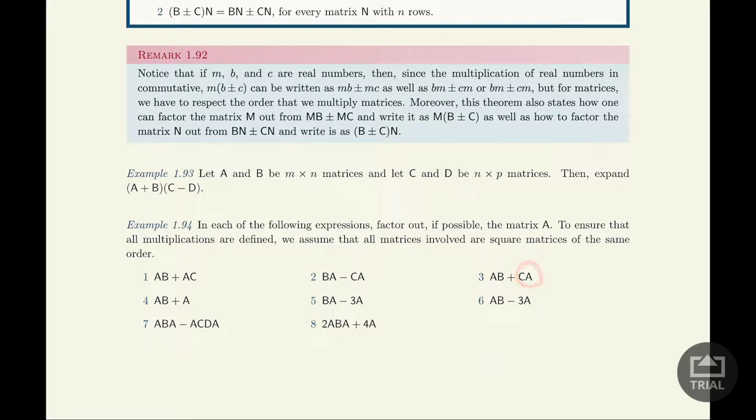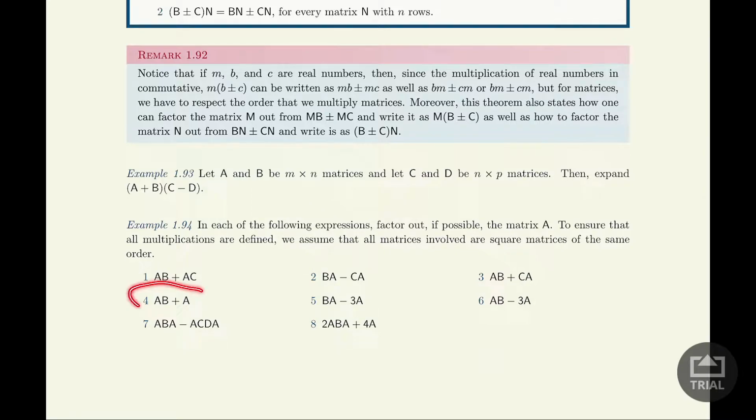Is that clear? So this is possible factorization from left. This is possible factorization of A from right. But this is in this form because if you read the question, there is not any information regarding commutativity of matrices. So I would say no, I cannot factor something out.